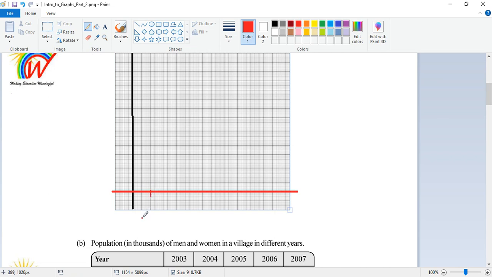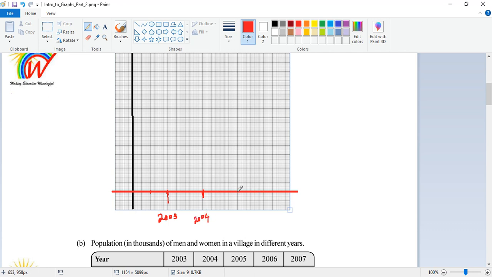Or you can mark it with a double spacing also. Let me take 2, 2. So this I will take as 2003, and then after 2 coordinates, I take it as 2004.